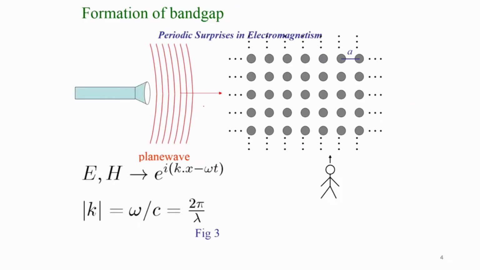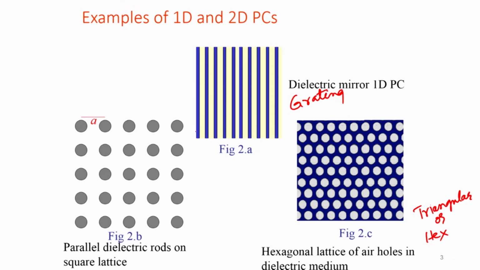So, in order to study the formation of the bandgap, you need to consider the scattering of light across all these periodic variations. In the simplest case, I need to mention that these are all the top views that you are observing, and you can form these structures by a lithographic process.